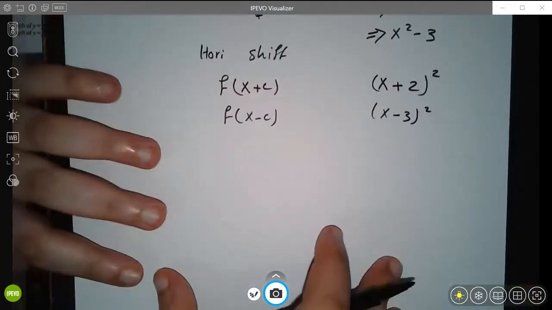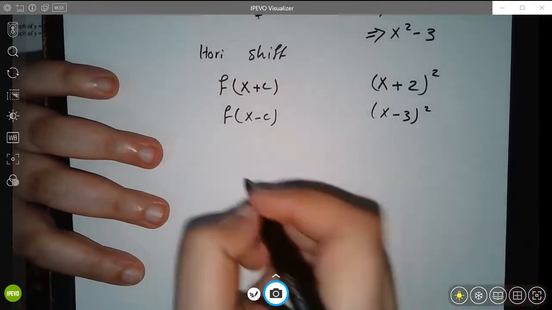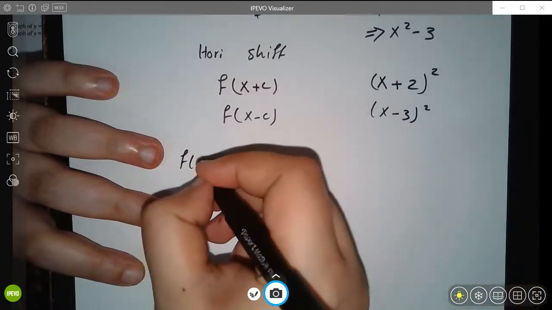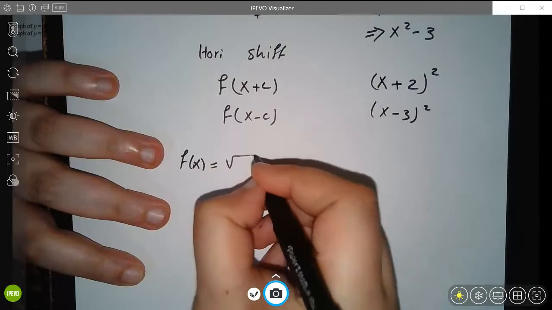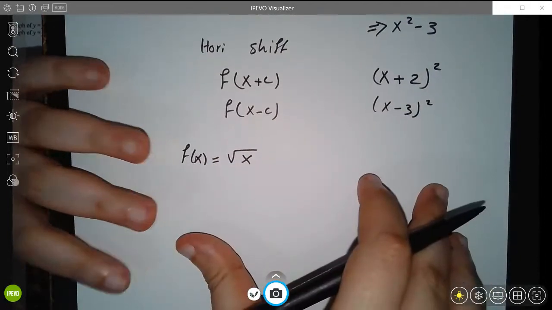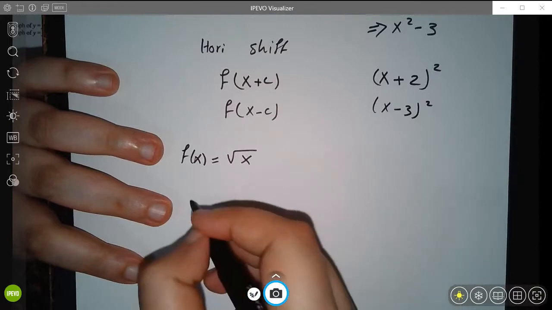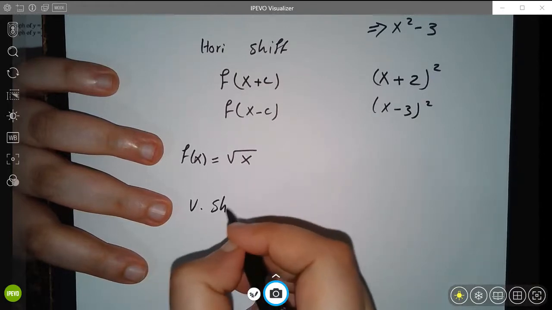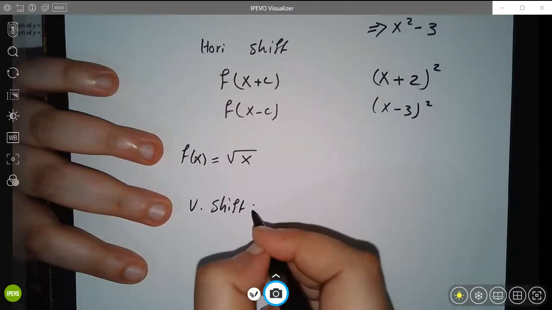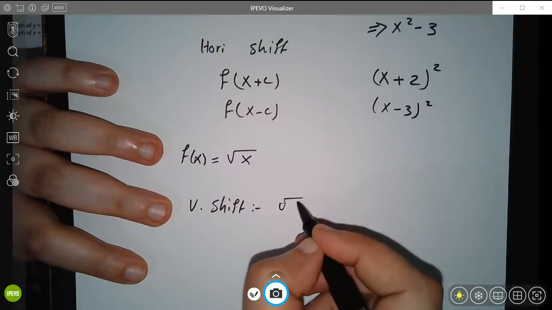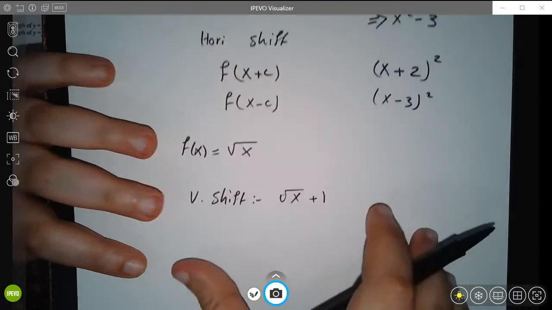Let me give you another example. What if the original function f of x was root of x? Now, if we were adding outside the function, so vertical shift, it would look like this: root of x plus 1.